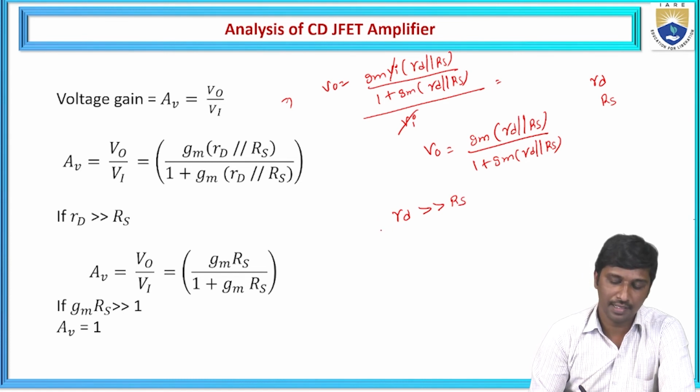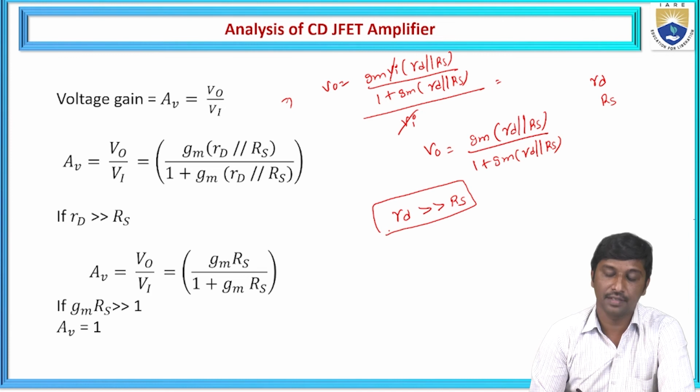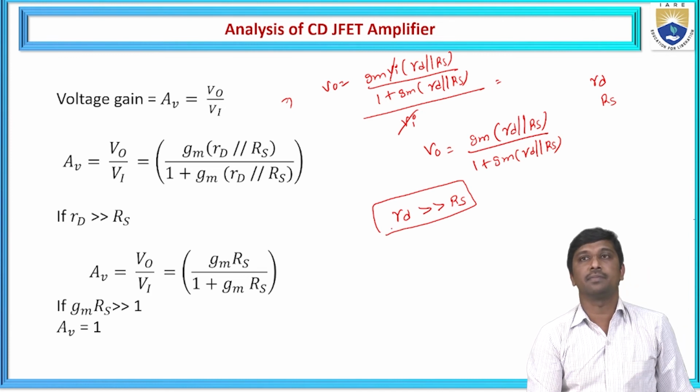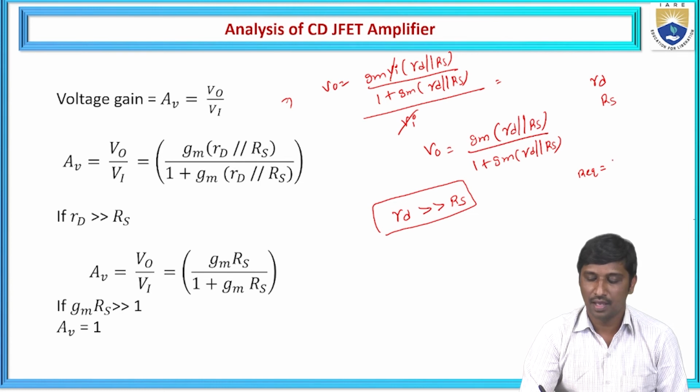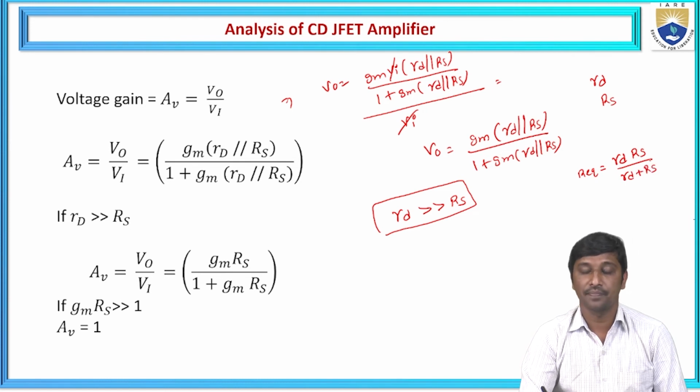Under this condition, let us consider Rd is much greater than Rs, and we have this equivalent resistance. What is the equivalent resistance? R equivalent is represented as Rd in parallel with Rs, meaning Rd into Rs by Rd plus Rs.